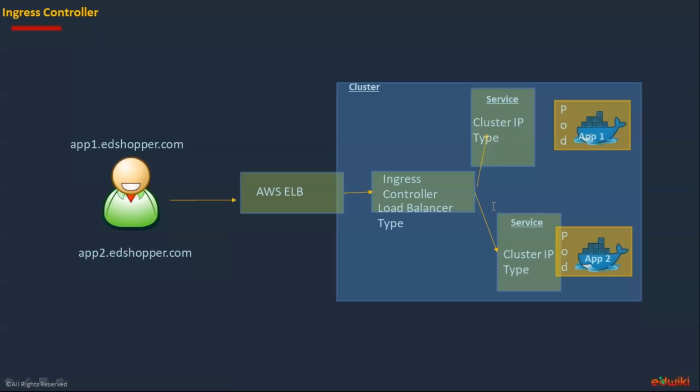Can we connect Route 53 to ingress directly? The AWS load balancer is the one responsible here to route the traffic from the outside world to inside Kubernetes. No other way.